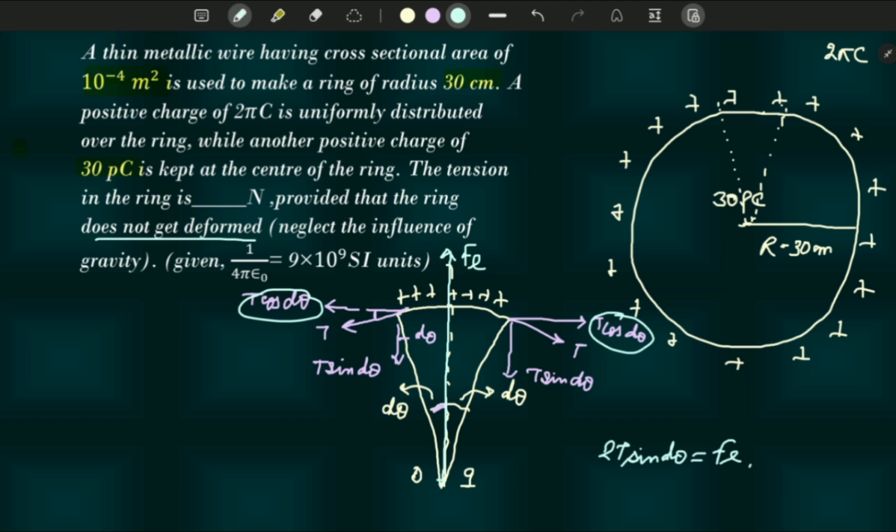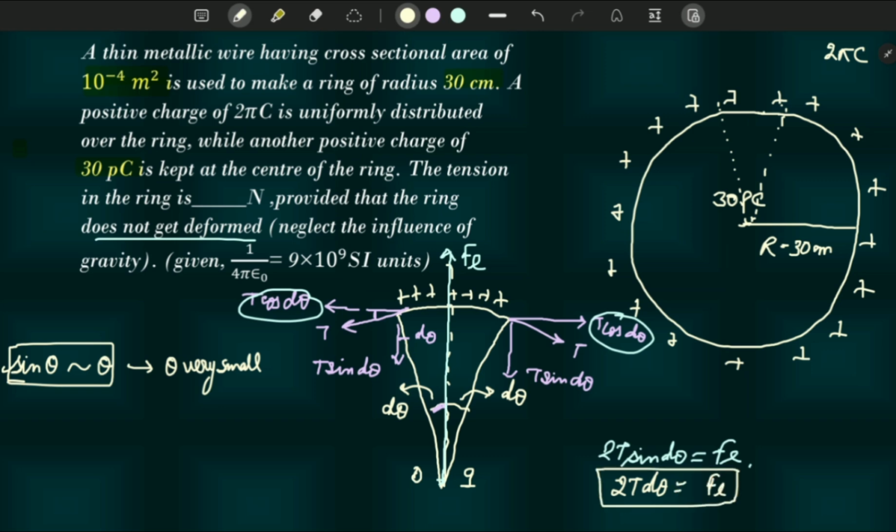That's why they will balance. Now one thing we know that this d theta angle is very small. For small angles, I am writing it on this side, sine theta is roughly equal to theta if theta is very small. So I am using this and writing 2T sine d theta will be 2T d theta. This is equal to our electrostatic force Fe.